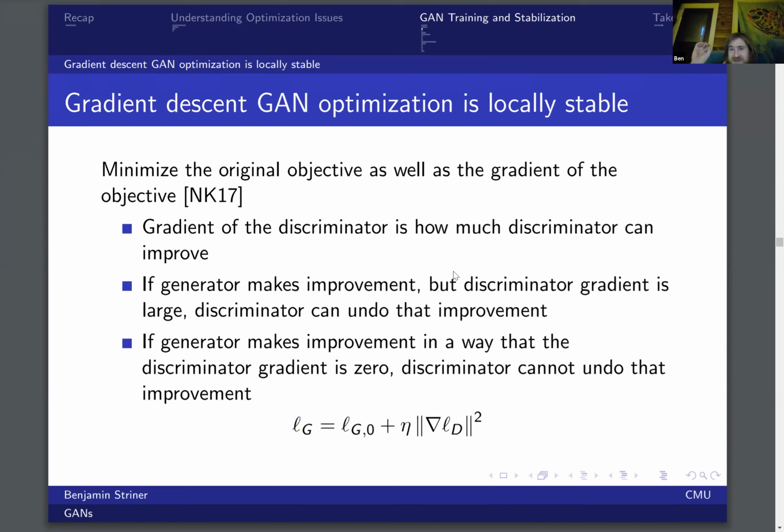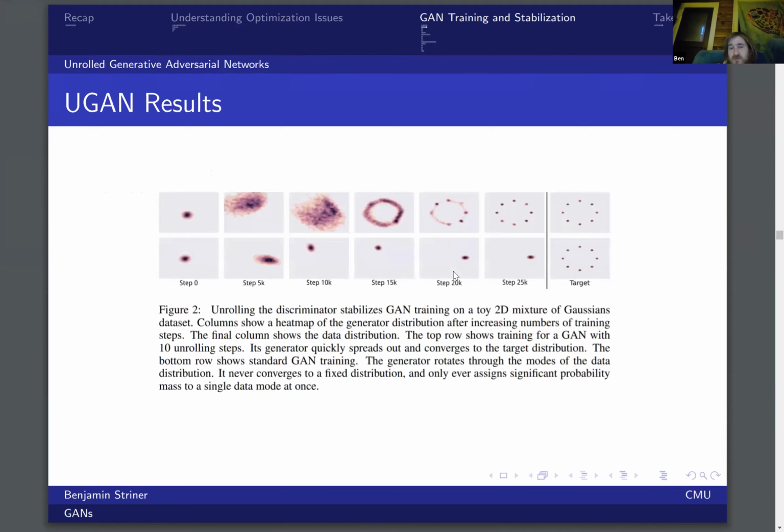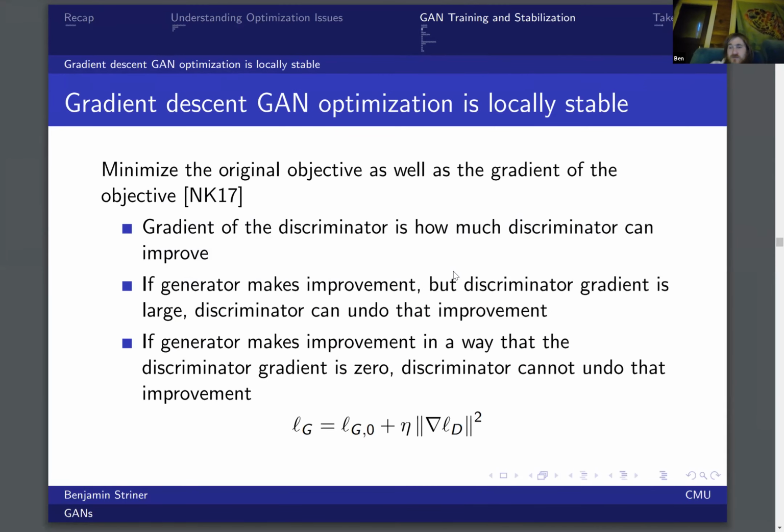It's not exactly what we said before on the UGAN paper, but it's a similar idea: my GAN is not just trying to do the best right now. If my GAN does its best right now, but the discriminator also doesn't have much of a gradient, then the discriminator is not going to come back and bite me on the next iteration.